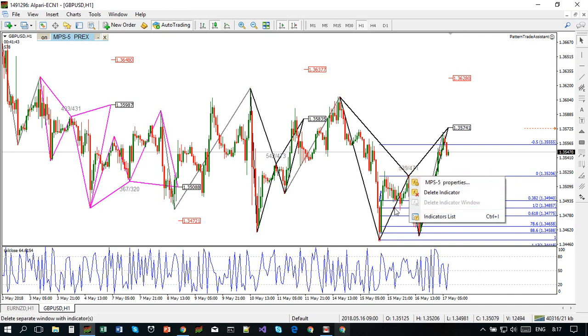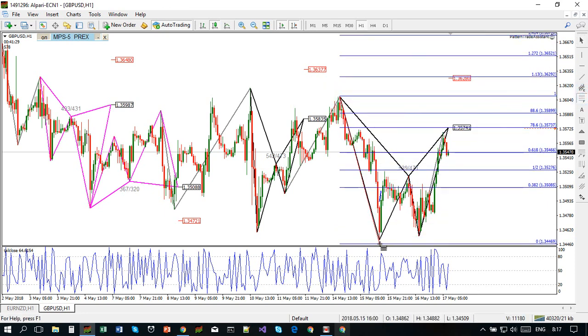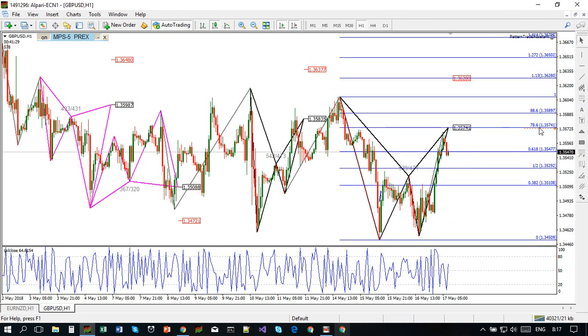So very simple. After you have these two measurements, you can stretch your fibs from X to A, and as I told you, 0.786 is always a completion. So the 0.786 level, you see this, what is called alert.